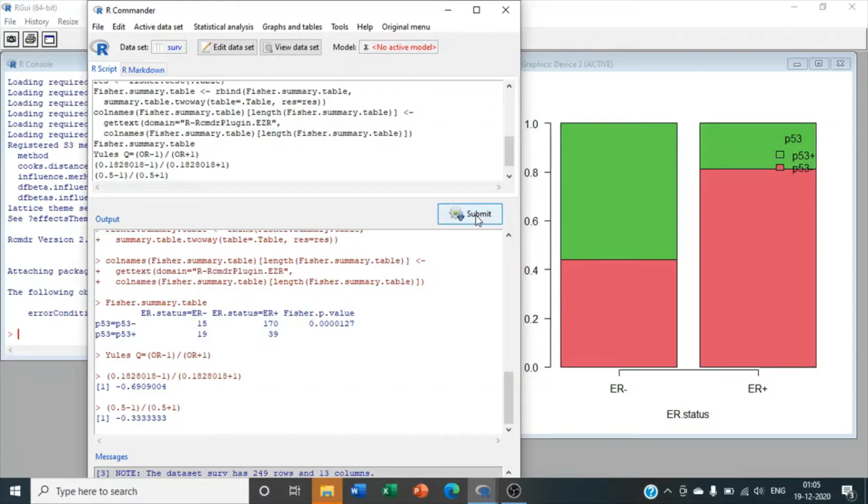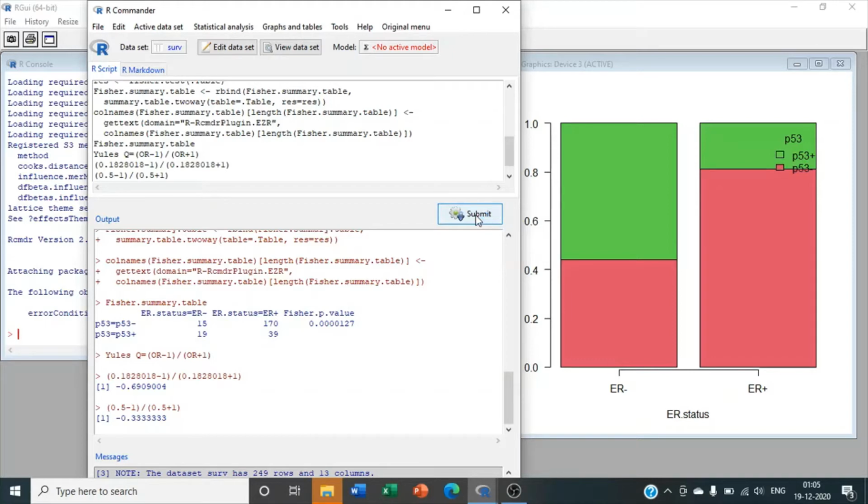So, if the Yule's Q has an absolute value greater than 0.33, you can say that there is at least a moderate effect. If the Yule's Q does not have an absolute value as high as 0.33, maybe the effect is not that great, even though you may get statistical significance.